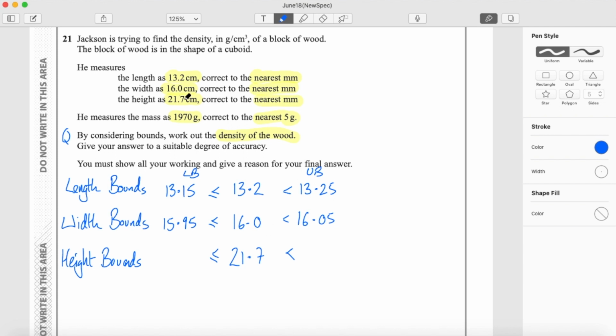So the height's 21.7, so we'd round up to 21.8, or we'd round down to 21.6. So that means our upper bound would be 21.75, since if we were on 21.75 we'd just call that 21.8 to the nearest millimetre. Remember, these are centimetres, this is millimetres, and this is tenths of millimetres.